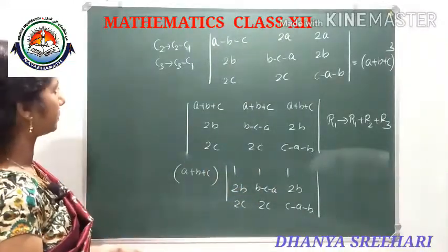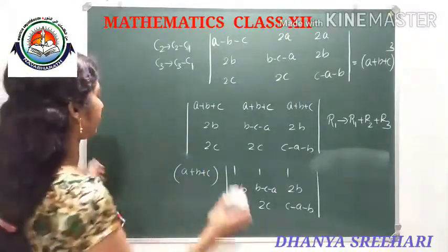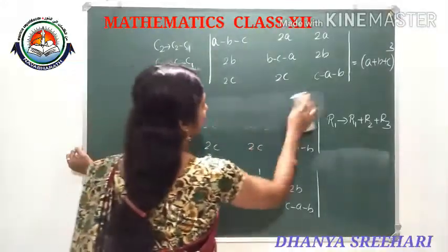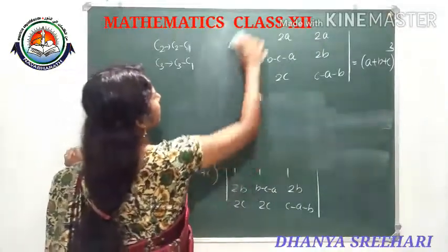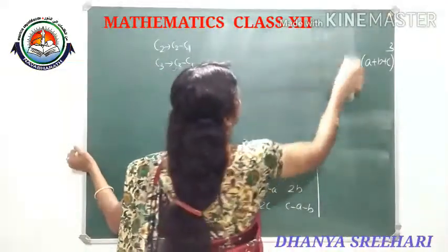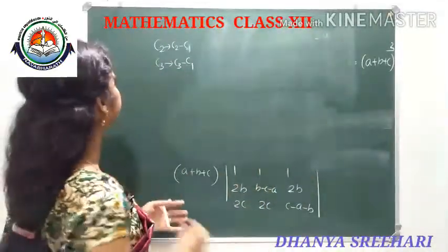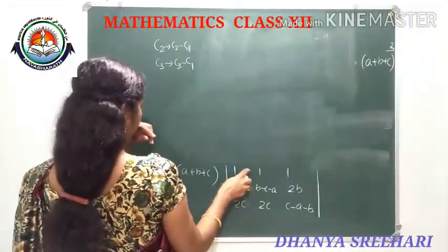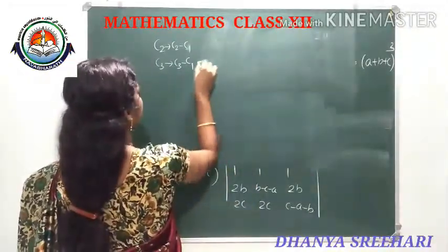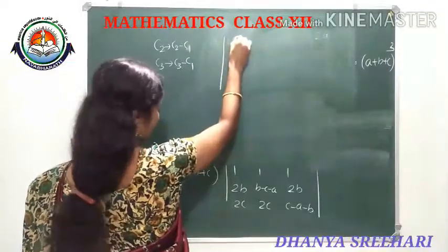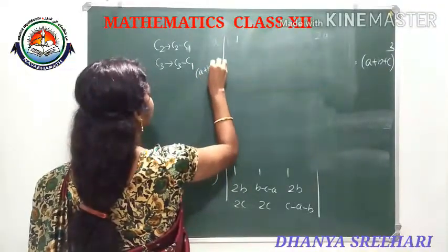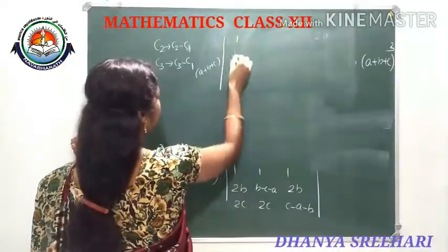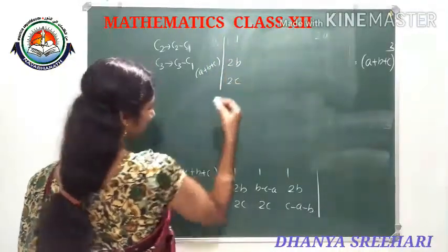Then what will come for that determinant? C1 no change. This step I am writing here. C1 no change, so a plus b plus c is outside. C1: 1, 2b, 2c.